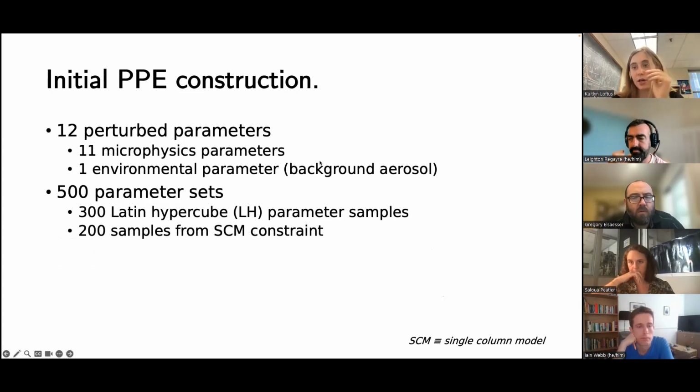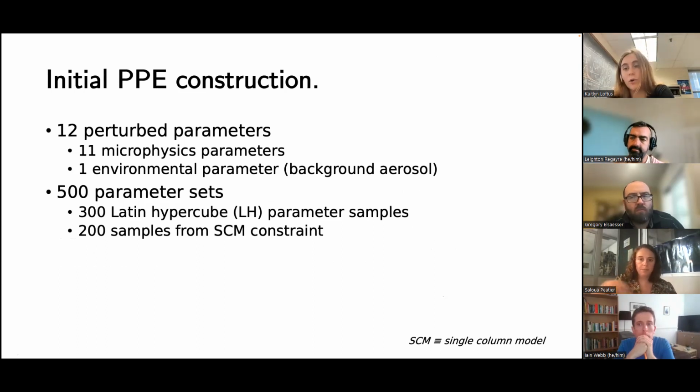In terms of the actual parameters, we have 11 microphysics parameters. Right now, we're only varying parameters associated with collision coalescence, and this is all warm rain or warm drops. So we have a limited number of processes as well. And then we also are varying the background aerosol number in our PPE so that we can emulate the outputs as a function of aerosol.